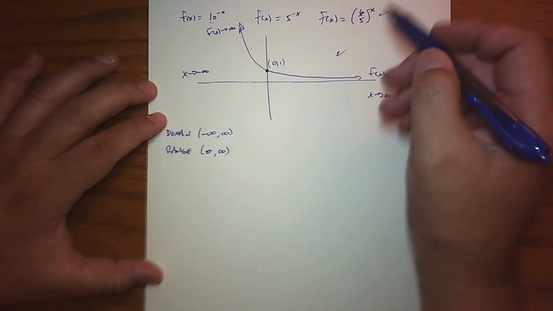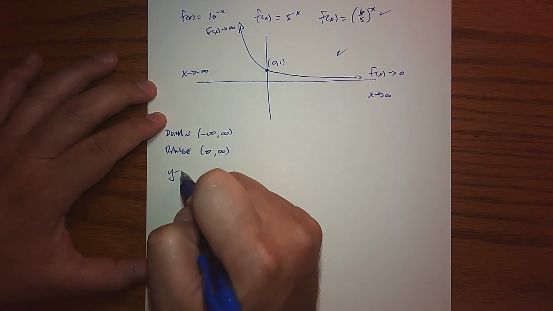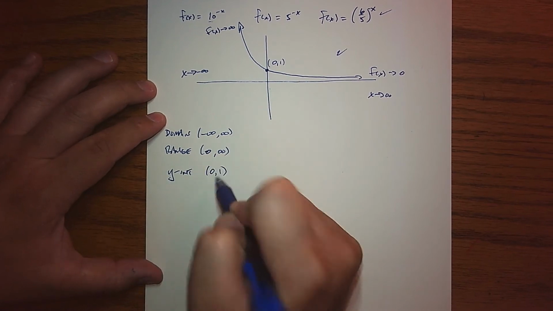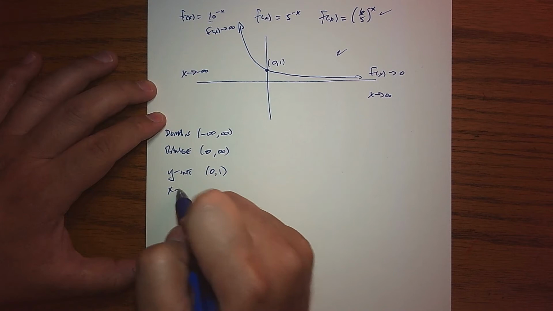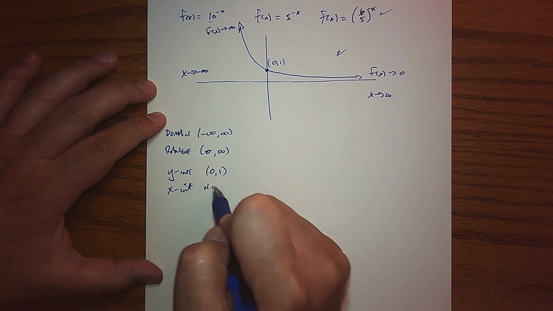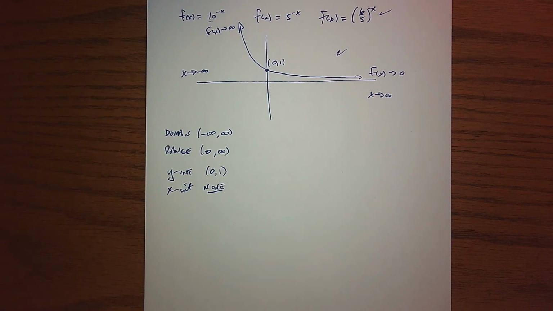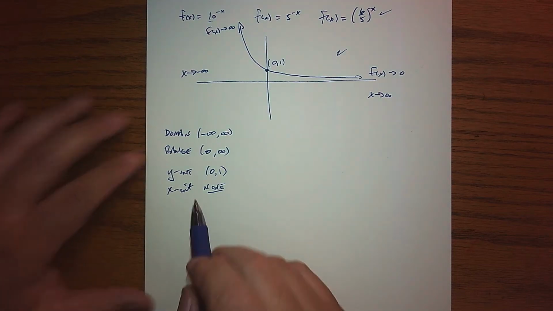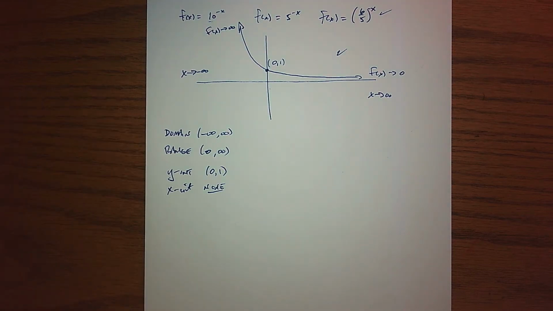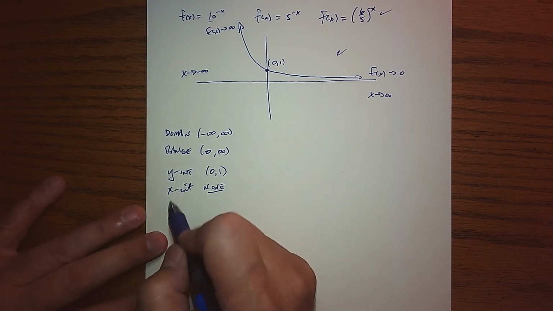So we got that behavior. In terms of intercepts, it does have a y-intercept at (0, 1). In terms of x-intercepts, it doesn't have any, because the graph is never crossing the x-axis. Then we also have the end behavior.